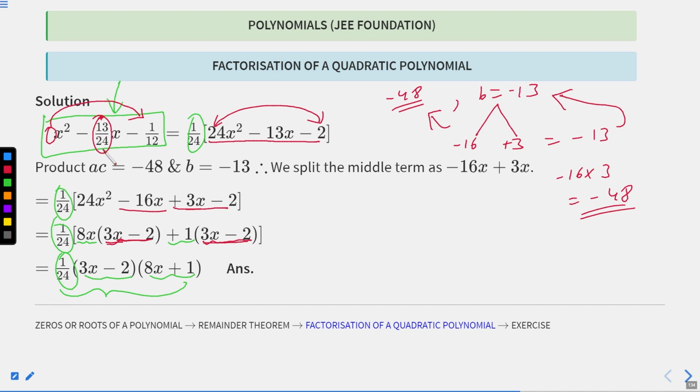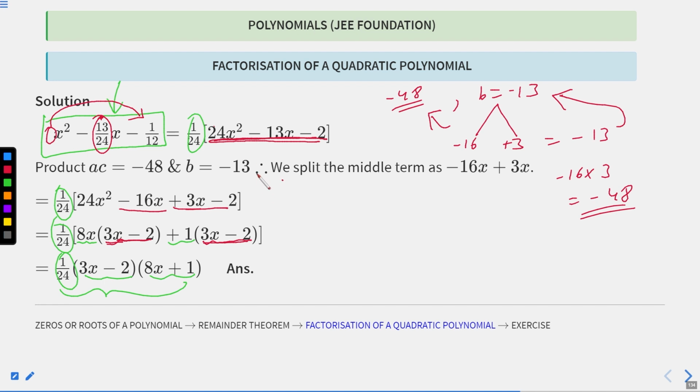So first of all, just try to put it into some standard form, which is like first taking the LCM and then making this sort of form, and then you can easily perform the steps for middle term splitting. I hope this is all clear to you.